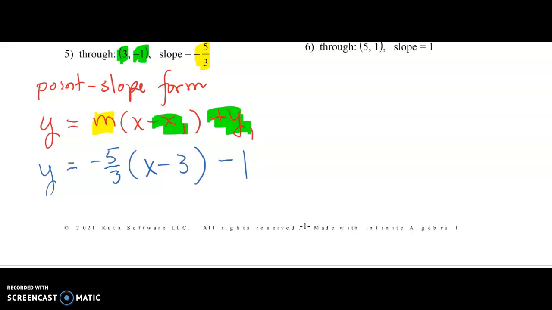Now the directions ask us to write our equation in slope-intercept form, which again is y equals mx plus b. So the way we're going to change it from point-slope to slope-intercept is that we are going to go ahead and simplify this right side of the equation. So again, we're going to simplify this by distributing the -5 thirds through the parentheses.